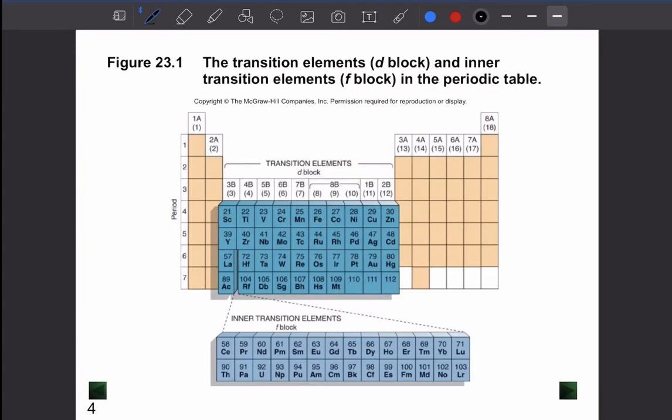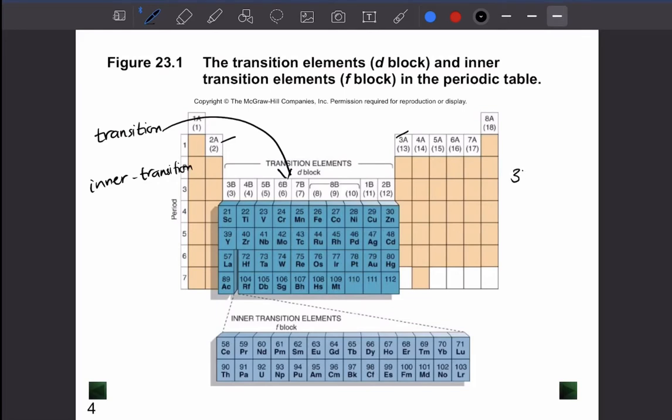Transition elements can be classified into two types: the common general transition elements, and the other group called the inner transition elements. The D block elements in the periodic table between group 2A and 3A are called the transition elements.